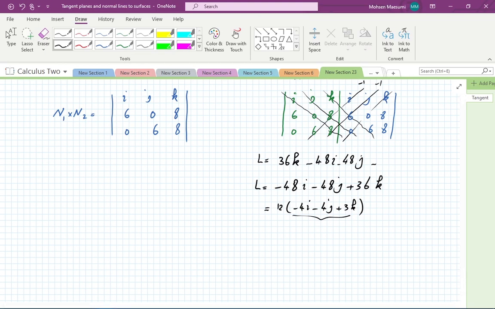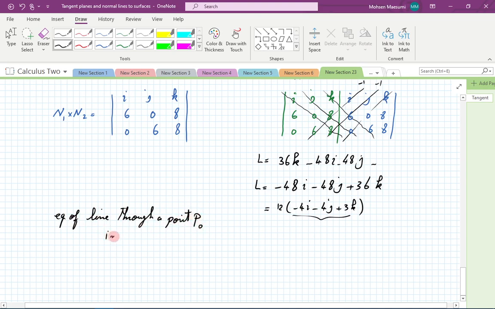Okay, that is in the direction of the line. What's the equation of the line itself? Equation of the line through a point, let's call it point P0, in direction of a vector, in this case vector L, is, what is that?